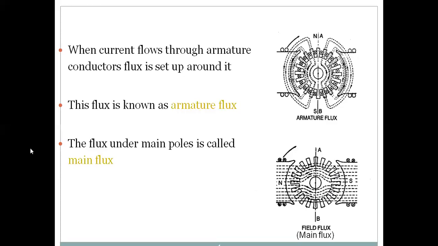The flux set up around the armature core is called armature flux. The flux under main poles is called main field flux. Under main poles, there are also compoles, which are also called interpoles.